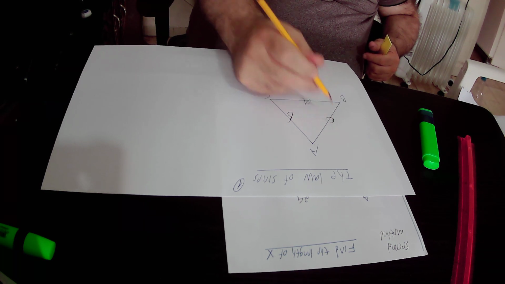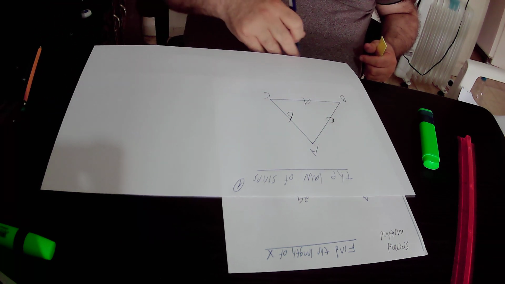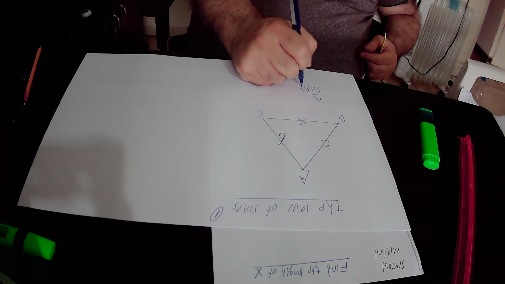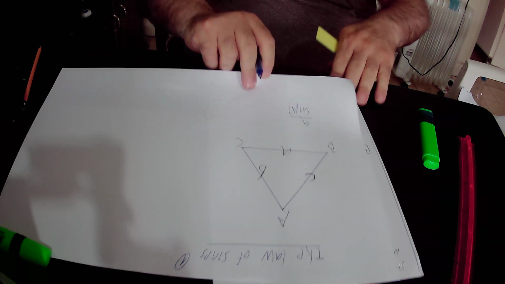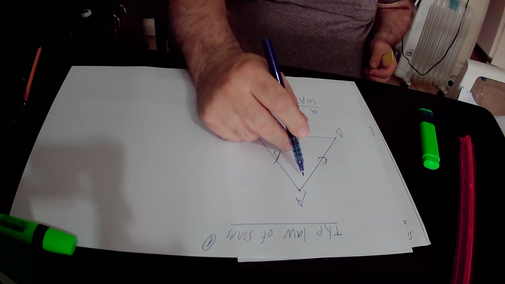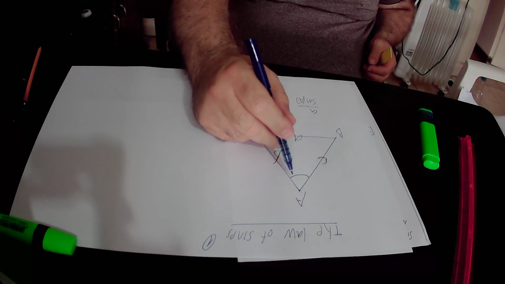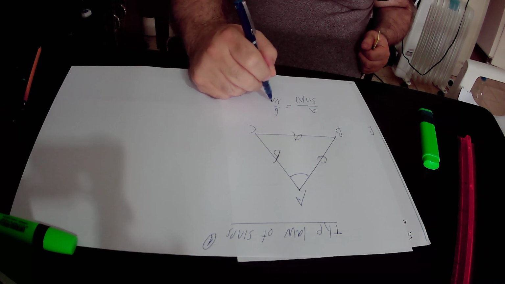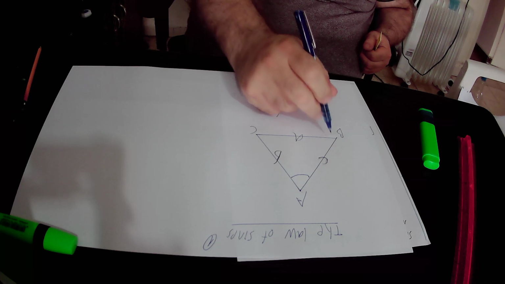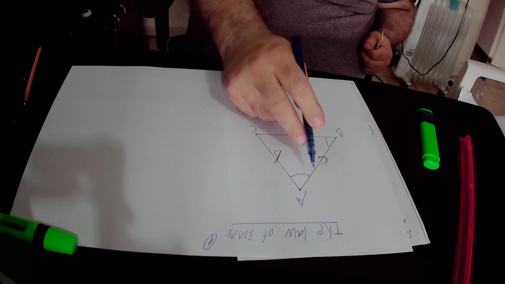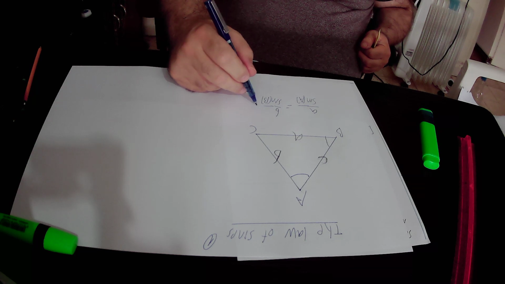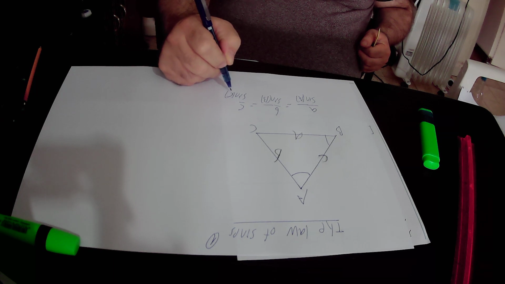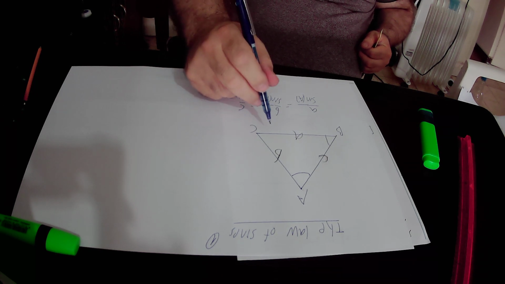According to the law of sines, we get that A over sine A, where capital A is the angle BAC, this angle, is equal to B over sine B, where capital B is the size of angle ABC, and it is equal to C over sine C. Here, capital C equals angle ACB, this angle.